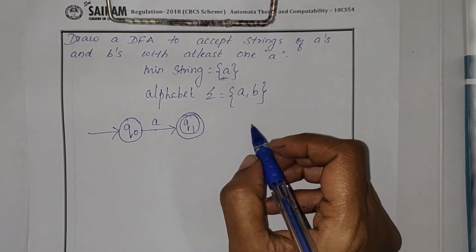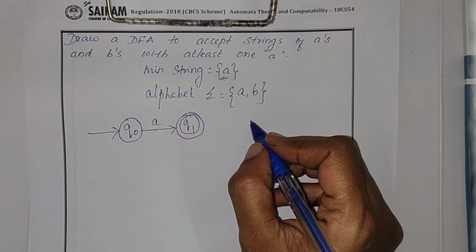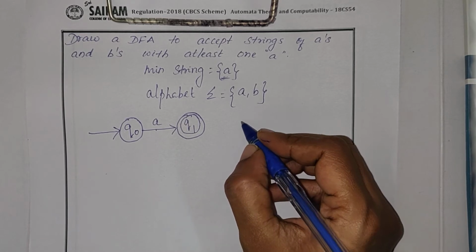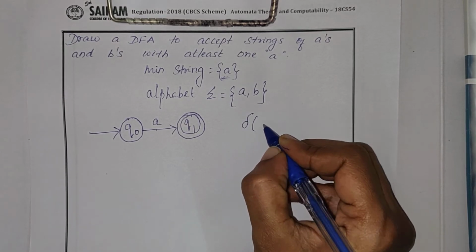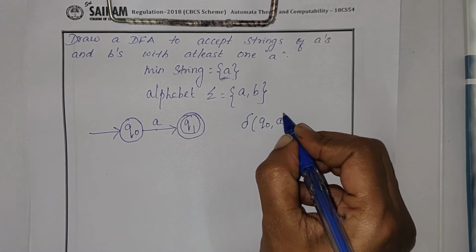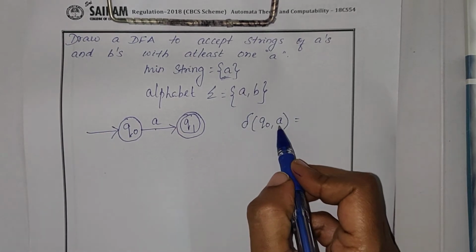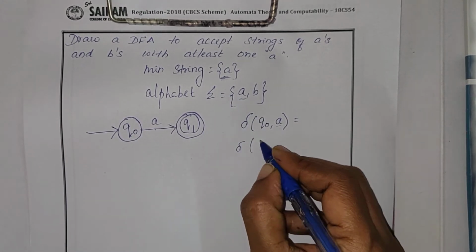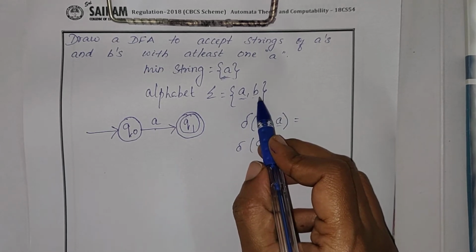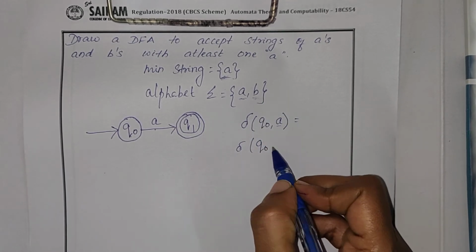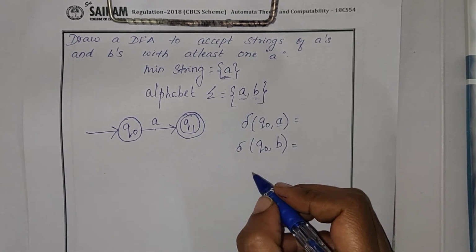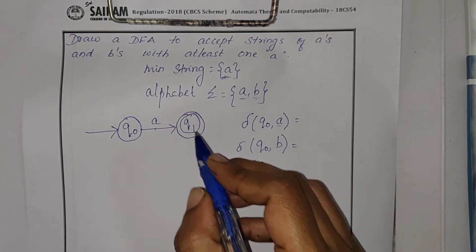Now I have to find the transitions. You can list all the transitions that I should find. First transition is Q0, A, with my first alphabet. Then for the same state Q0, I have to find the transition with respect to the second alphabet, B. Next I have to find the transitions of my second state.